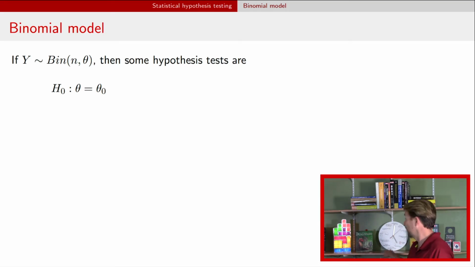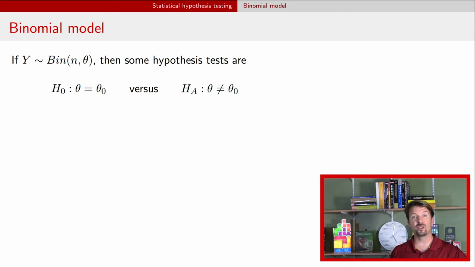For example, if you're thinking about coin flipping, then maybe your null hypothesis value will be that the probability is 0.5. If you're thinking about rolling a die, maybe it's six-sided, then the probability might be 1/6 for landing on a particular side. So that'd be the null hypothesis. The alternative then, in this case, is going to be that that's not true. That is, that there's a probability, but it's something other than the one that you're specifying.